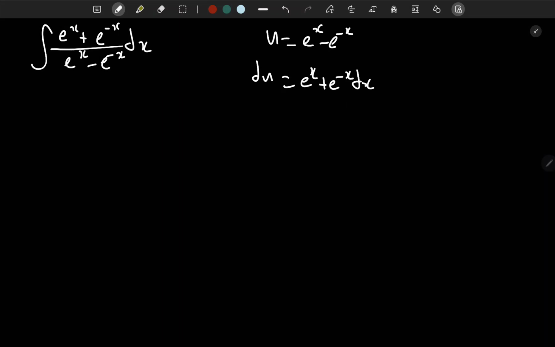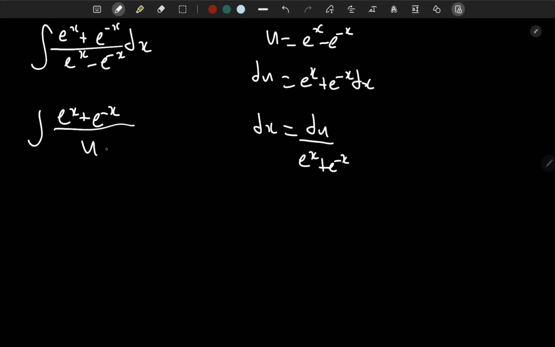And now you will understand why I took the denominator, because once we rearrange this, it's going to equal dx is equal to du over e to the power of x plus e to the power of -x. And once we rewrite this, it's going to be e^x plus e^-x, and this is u now, times du over e to the power of x plus e to the -x.